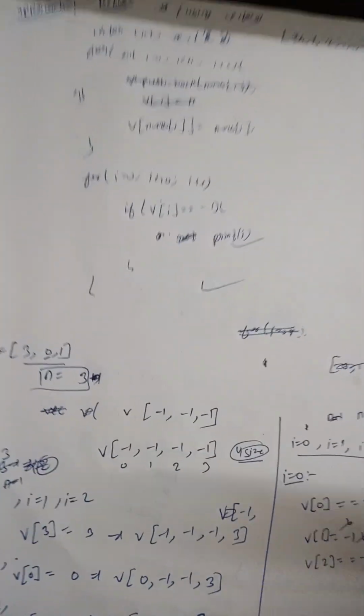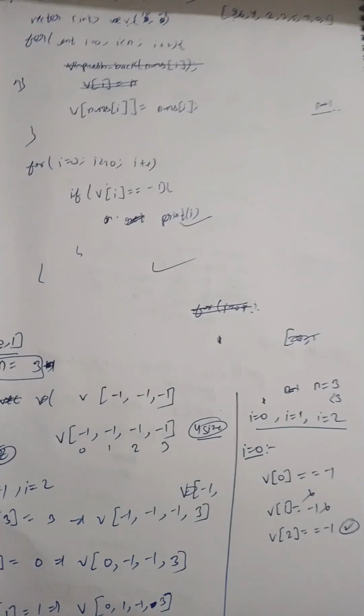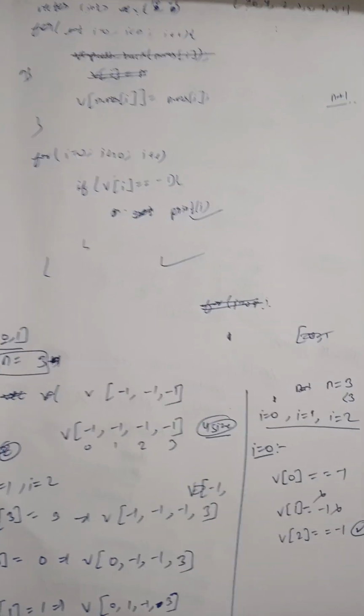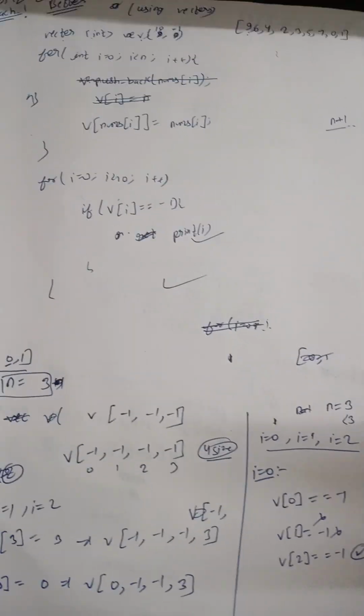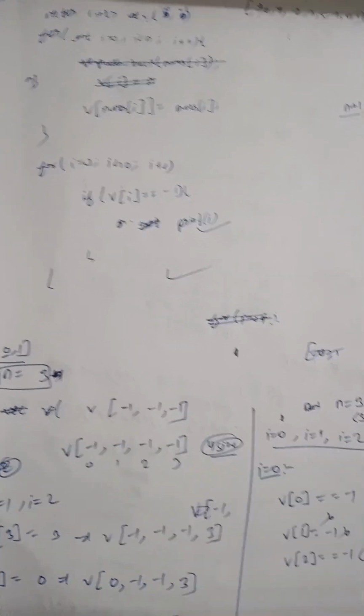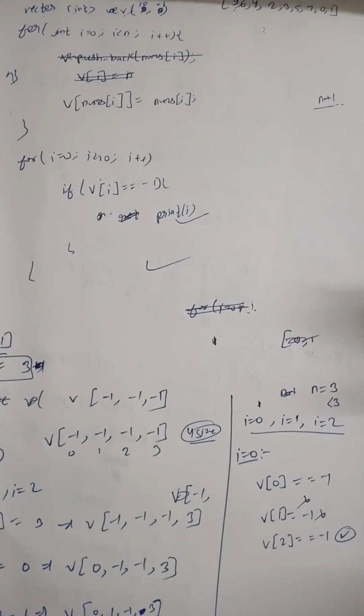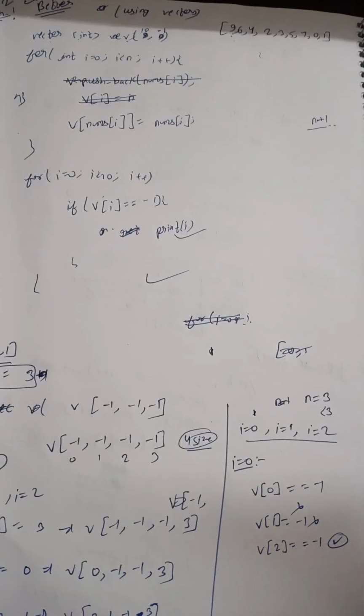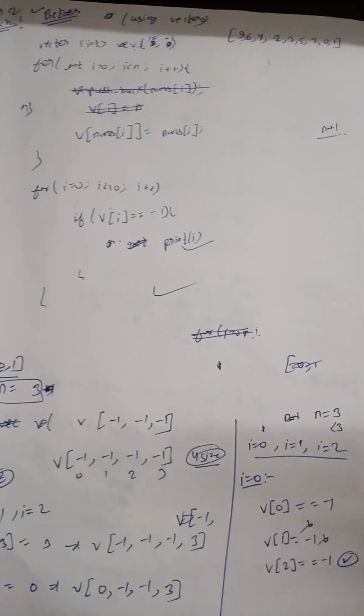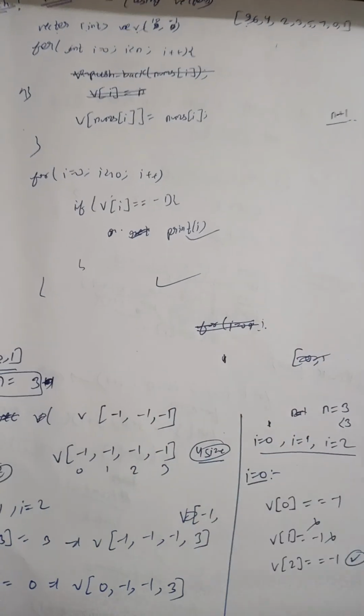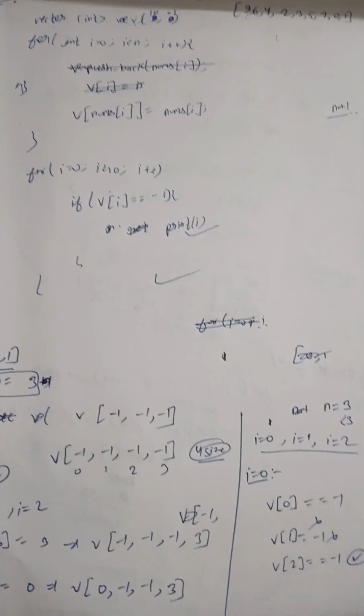Then we will compare each term and put that term from nums into our new vector, and the index which still has minus 1 as its term will be our answer, the missing number we are trying to find.